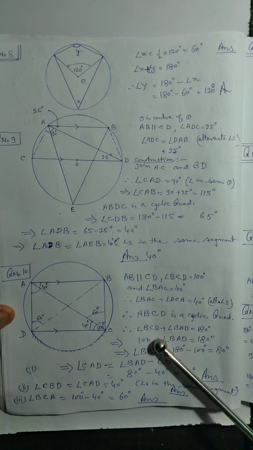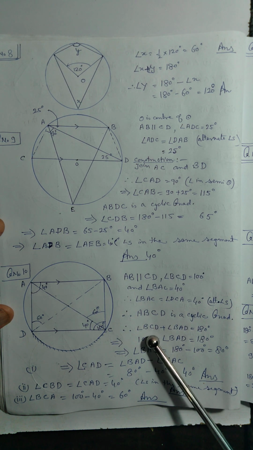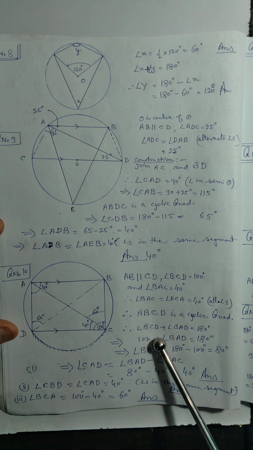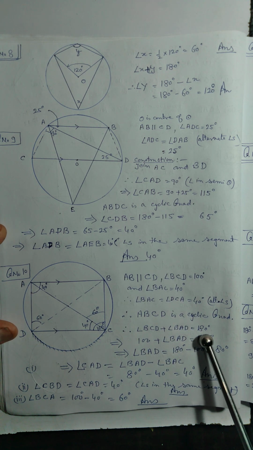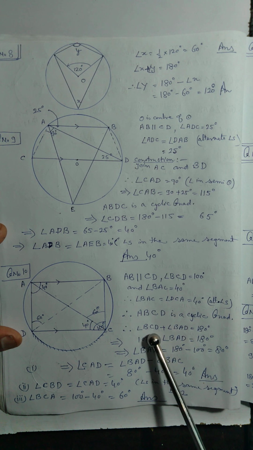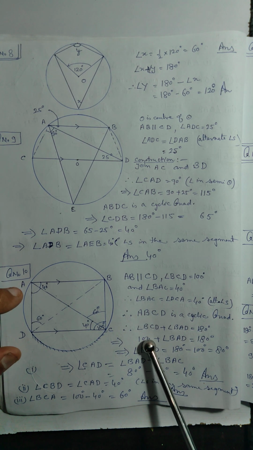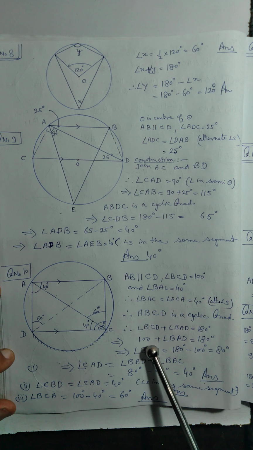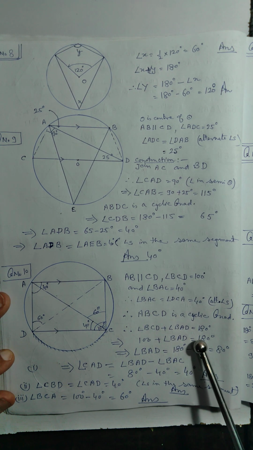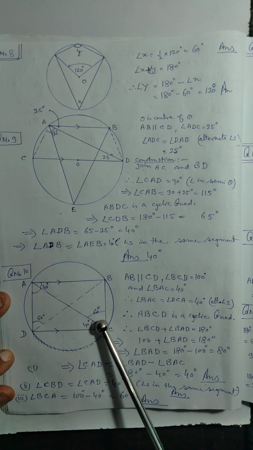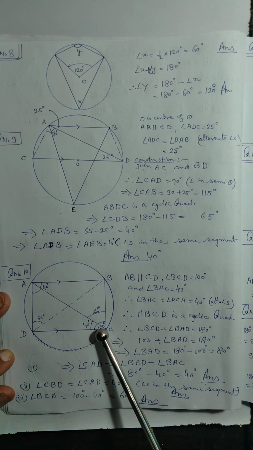ABCD is a cyclic quadrilateral, therefore BCD and BAD is equal to 180 degree. You see, BCD and BAD is equal to 180 degree, and out of that it is 100.